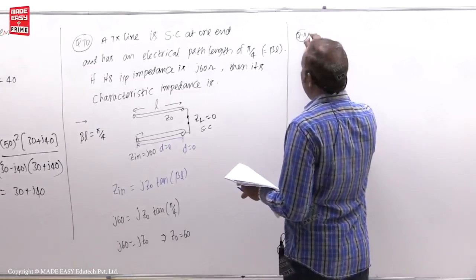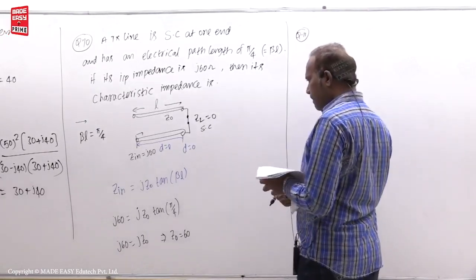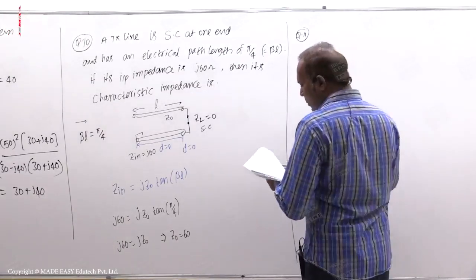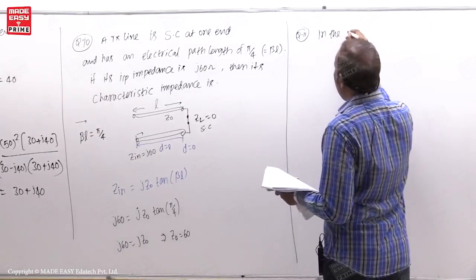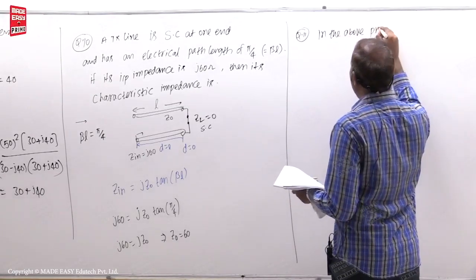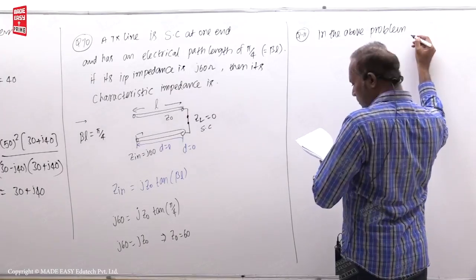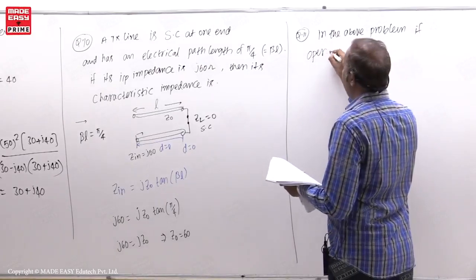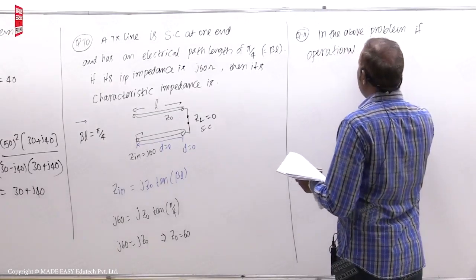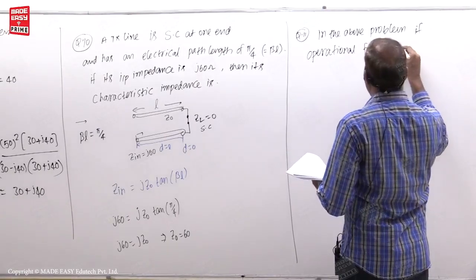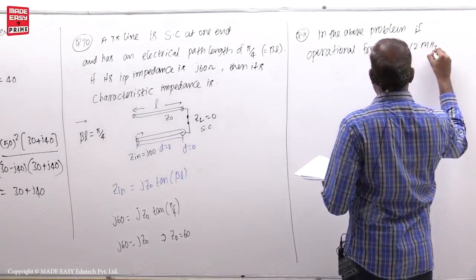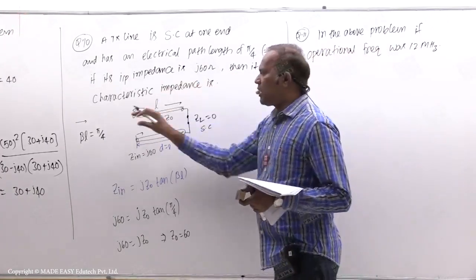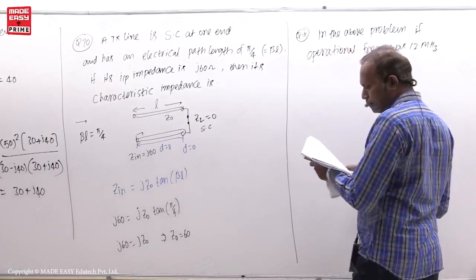Now question number 11. In the above problem, if the operational frequency was 12 megahertz, that means in this frequency was 12 megahertz he has given.